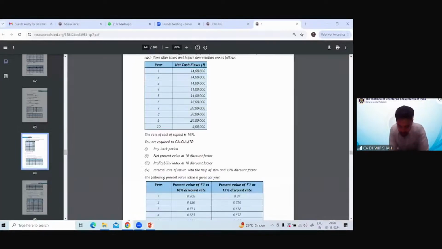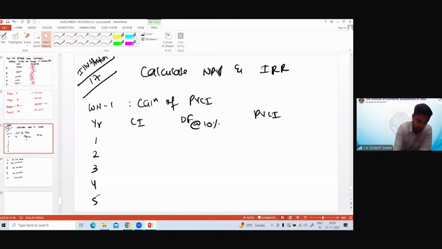Correct? 8, 20, 30, 20, 16. And for the first 5 years, it is 14 lakhs each.